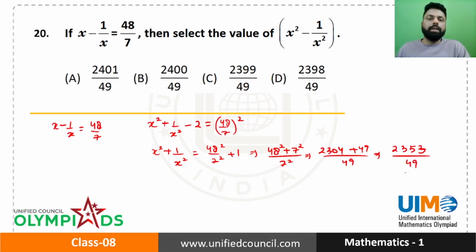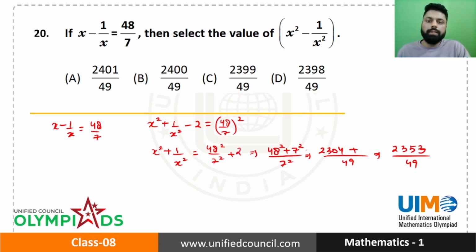2353 upon 49. Now, we need to calculate the value of x square minus 1 upon x square. This will be something that is plus 2.